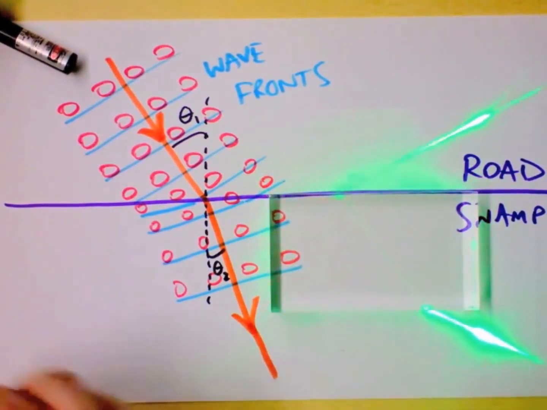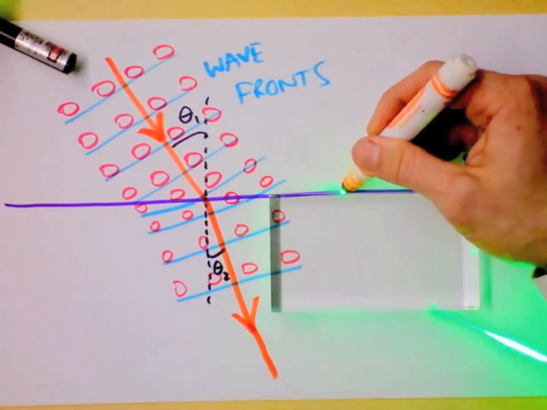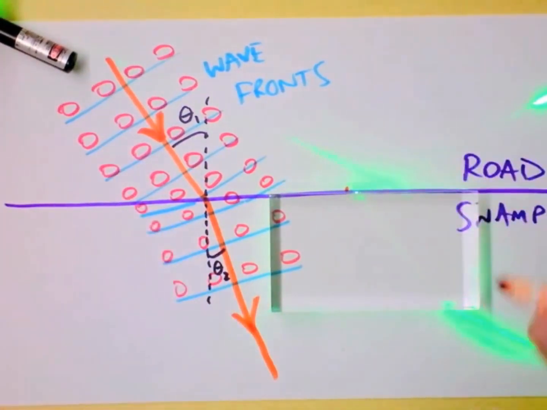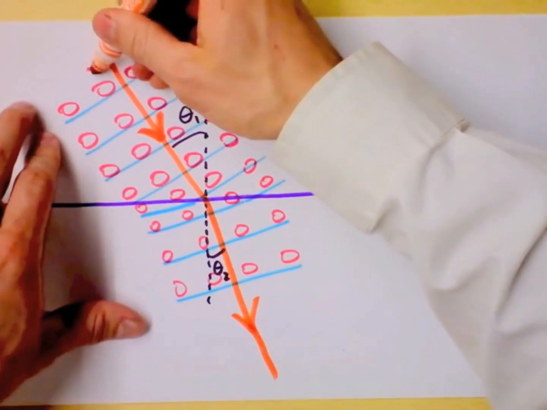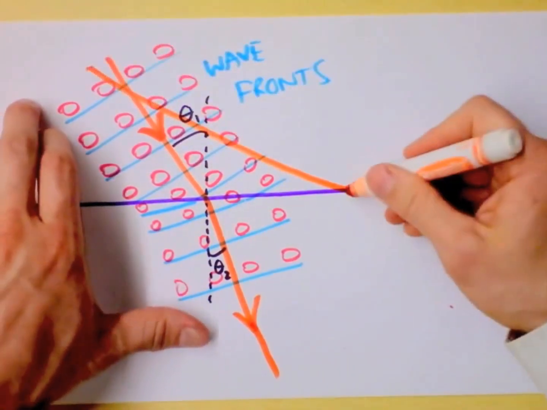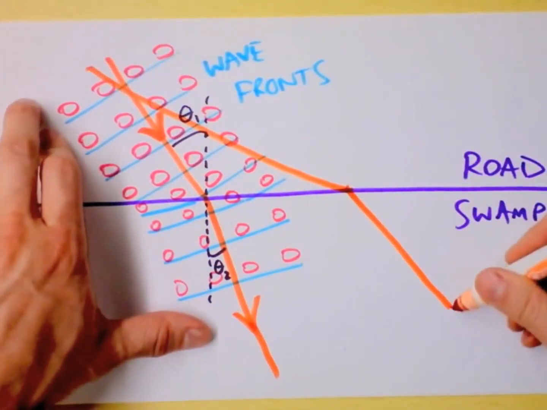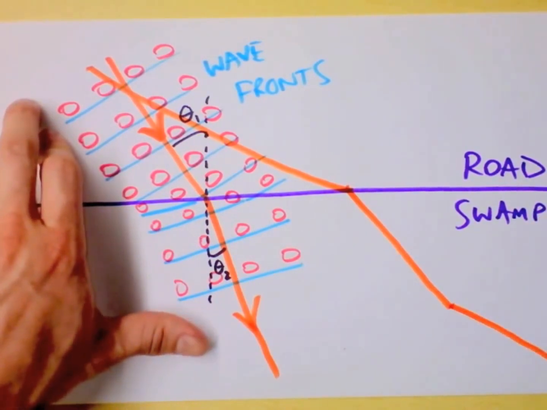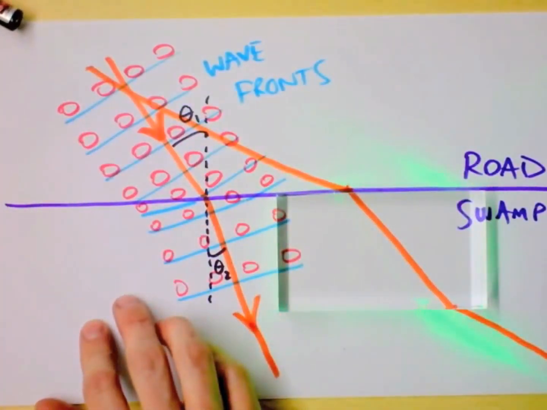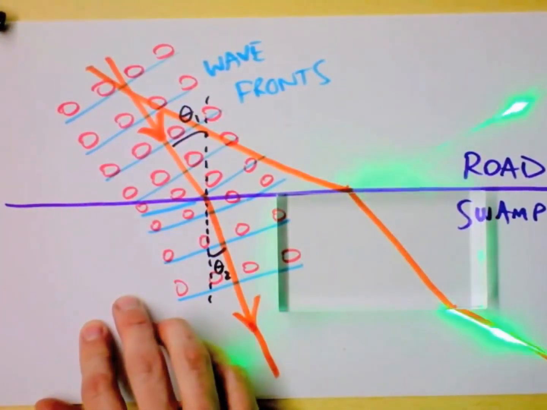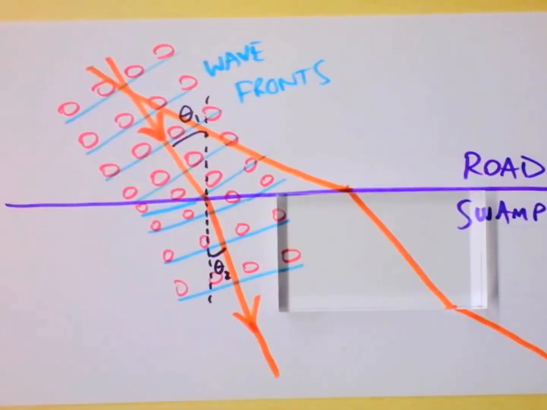If you look closely, you can see a distinct line. That's the entry point right here, marked, and this is the exit point. If we mark the entry point, the exit point, and the point from which the light originated, we can trace out the laser beam and its resulting path through the prism. Notice that it enters, it bends towards the normal because it has entered a slow medium, and then when it leaves the prism, it bends away from the normal again.